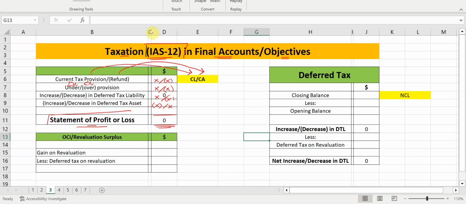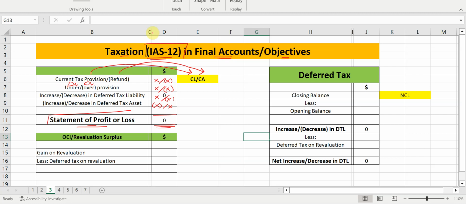Now, this increase and decrease is a simple scenario when we do not have any revaluation in the question. Like sometimes the examiner says ignore the deferred tax on revaluation, and sometimes they consider the deferred tax on revaluation. We'll be doing all types of questions you may see in an exam.